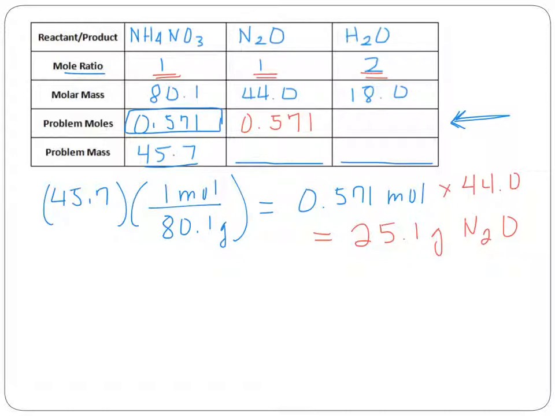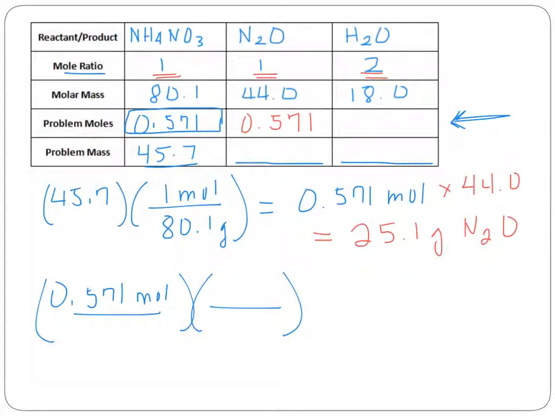But just to show you another way of solving this problem with the mole ratios included in the equation, I want to not do that, just let you know that you could do it that way. But you also could set up a situation where you have your 0.571 moles of the ammonium nitrate and multiply it by your mole ratio.